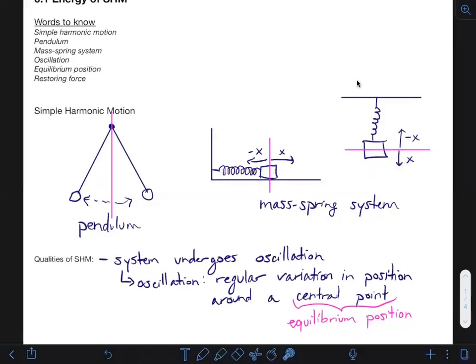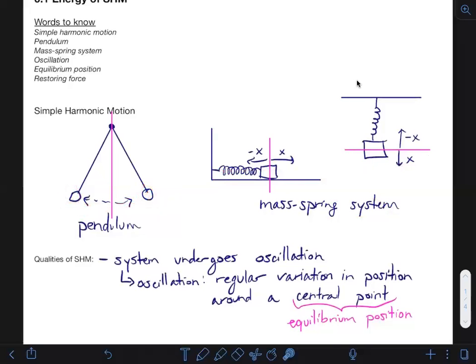With a pendulum, though, there's no spring here. So instead, we have to think about what's going on perhaps at the lowest point in the swing of the pendulum, and the fact that when we stop moving, we are higher than that lowest point. And so we end up having gravitational energy at this location and this location.